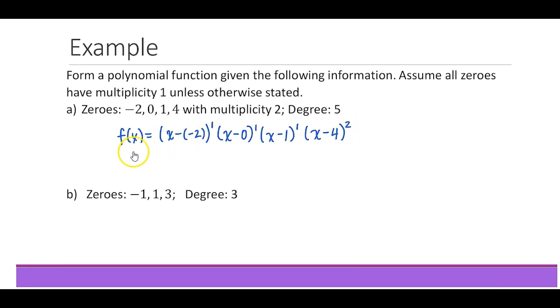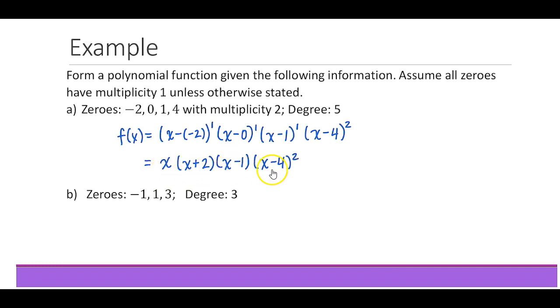And if I clean this up a little bit, I'm going to put that x minus 0 to the first in front, so that's just x. And then I'll put x plus 2 from x minus -2. Then the factor x minus 1, followed by the factor x minus 4 squared.